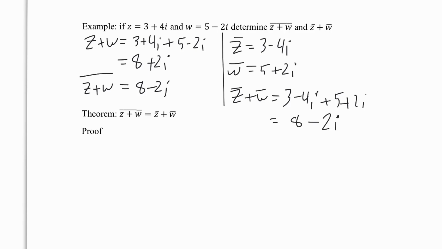Hey, wait a minute. Aren't these two the same? Well, indeed they are. And this is an interesting property about complex numbers. It's a theorem. You can either do the addition and then do the conjugate, or do the conjugate and then do the addition. Either way, you're going to get the same number.